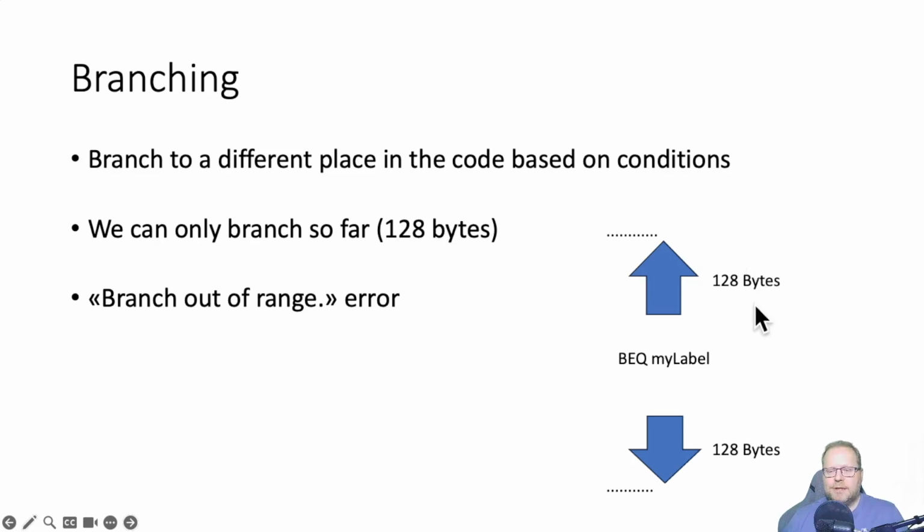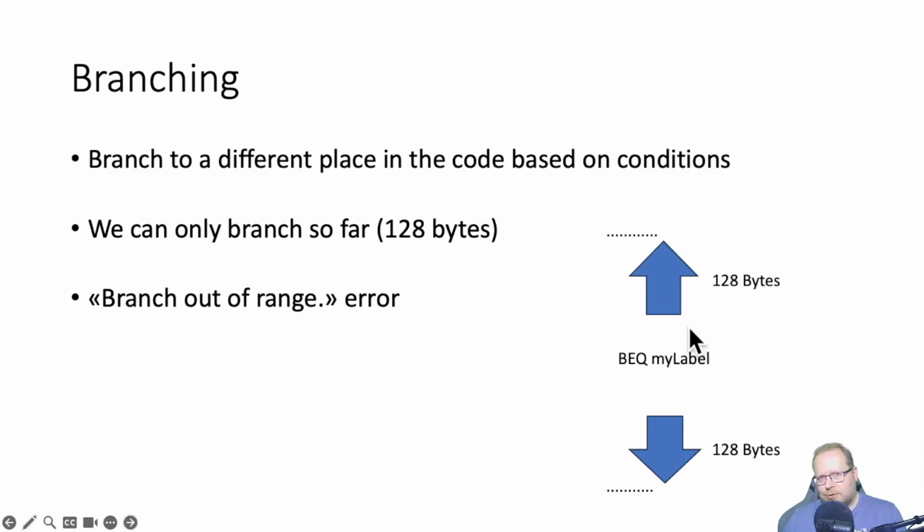128 bytes. So if you look at this drawing down here, let's say we have a code here in the middle that says LDA something, compare with something, branch if equal to my label. Well, it doesn't matter if my label is up here or down here.